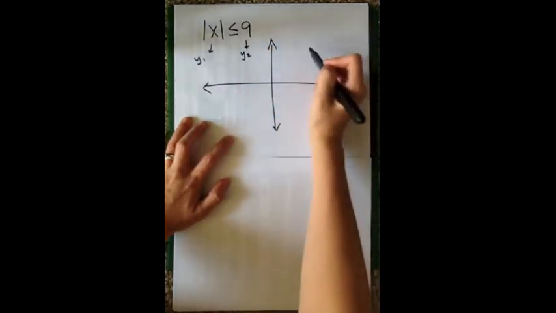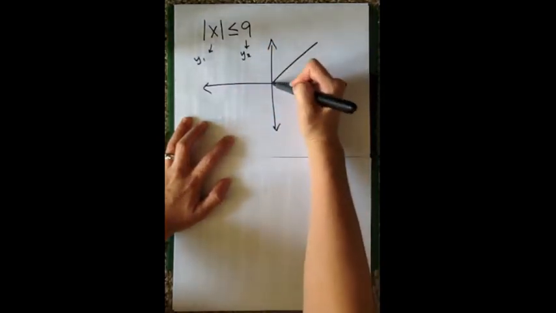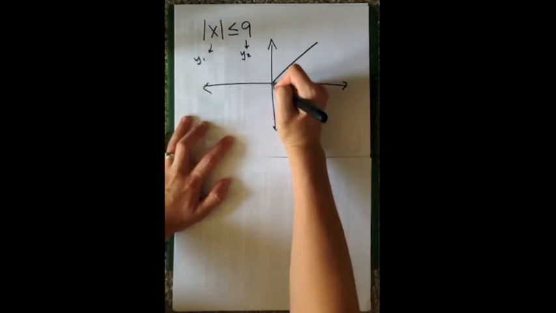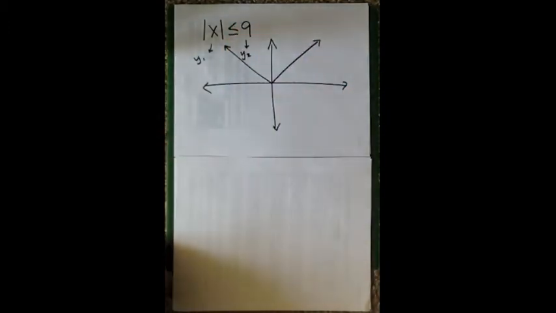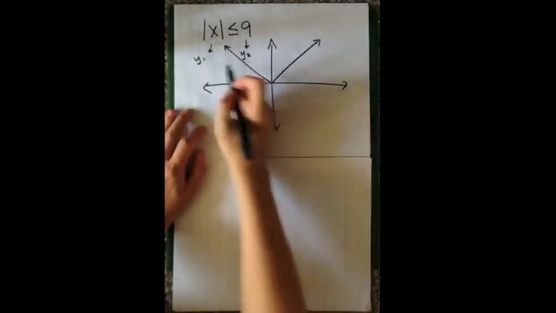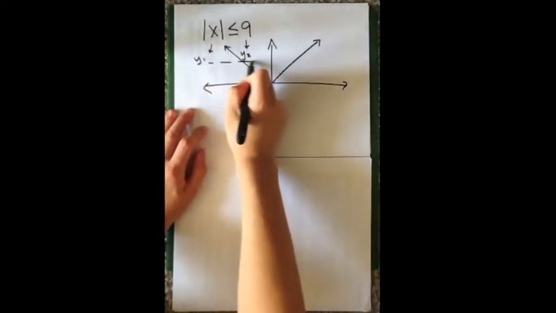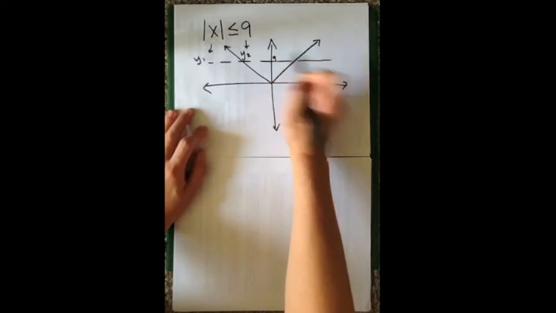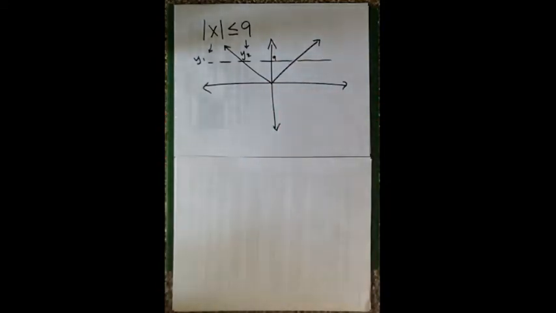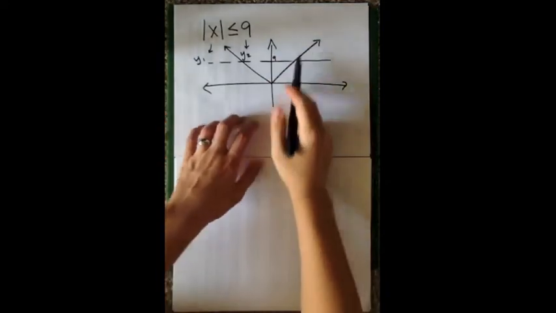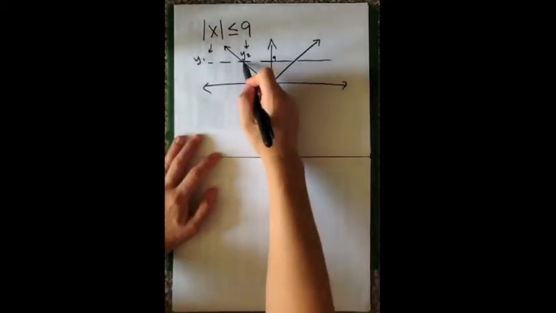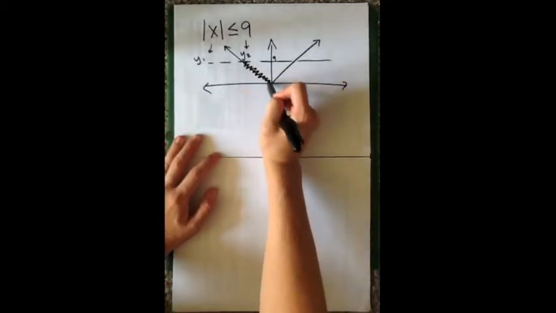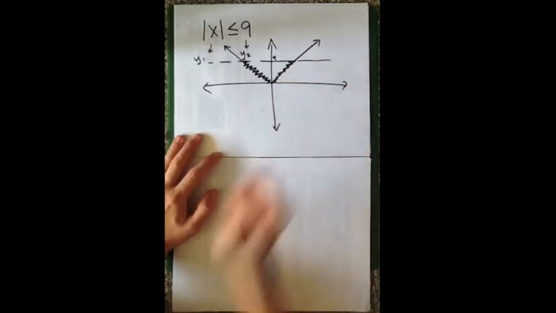So absolute value of x is something like this. It's x in one direction, negative x in the other. So it's this little v. And then y equals 9. Let's say that that's 9. And I want to know where this equation is less than or equal to 9. So that's going to be, again, anything in here.